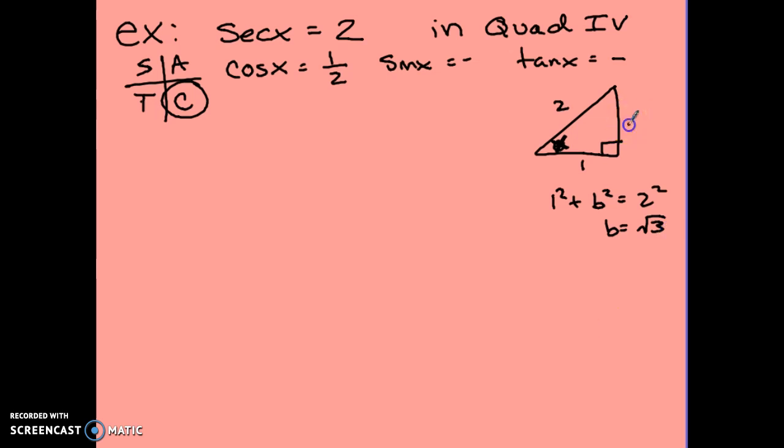Take the square root. All right, so basic Pythagorean theorem. Now I'm going to just write my ratios. So sine is opposite over hypotenuse. Tangent is opposite over adjacent. Really, you could skip finding tangent because I'm not going to use that. I'm just going to use what I find about sine and cosine to help me with that.